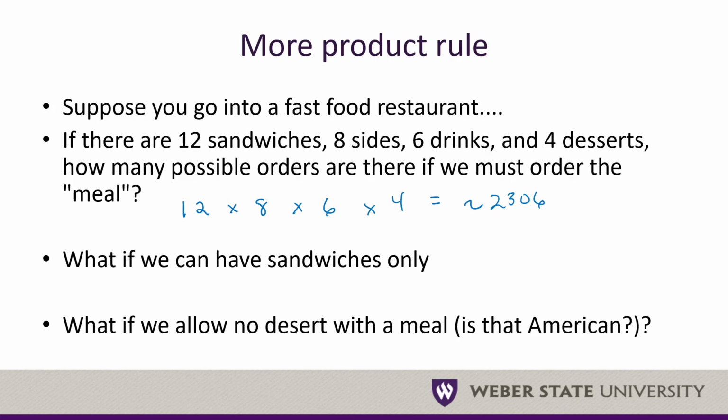What if we can have sandwiches only? Or a meal. So you can order your sandwich a la carte. What does that do to our choices? Does that alter how many meals we can get?